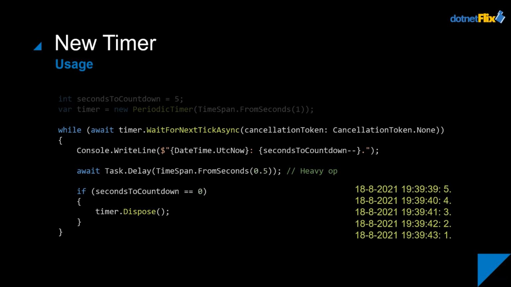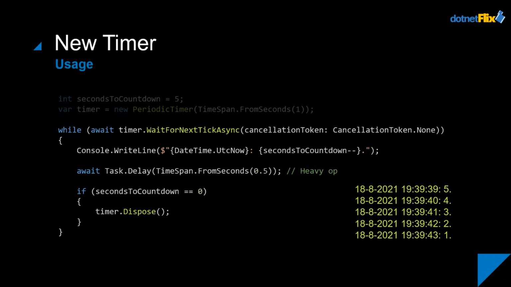So in this case, there's a little heavy operation which is called within the invocation. And within the heavy operation, it just waits half a second. But you can see in the logs that it will actually just run the print on each second, and not after each 1.5 seconds because of the heavy operation.